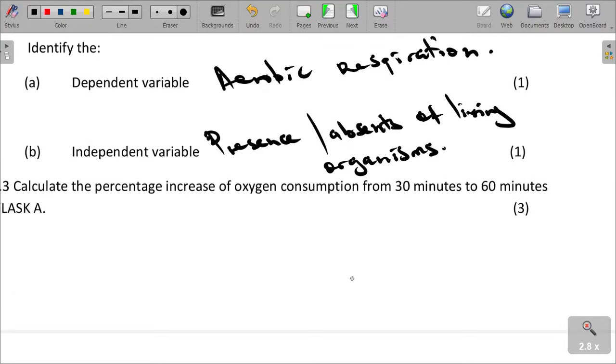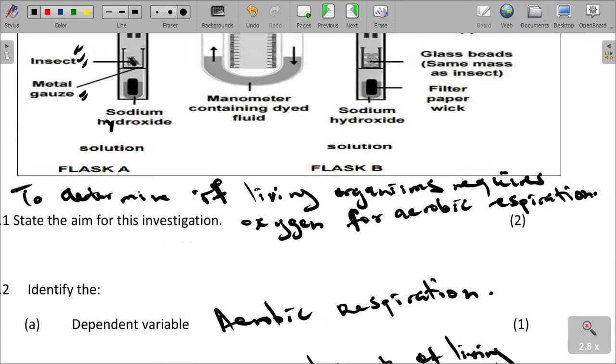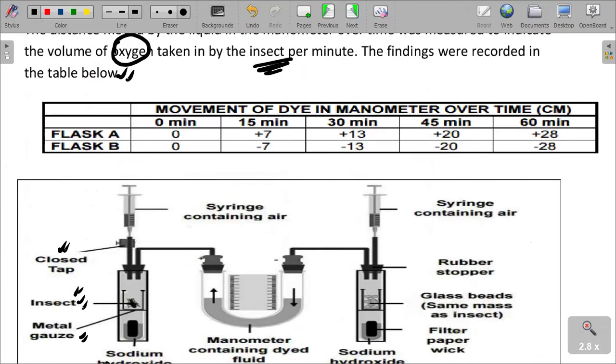So the next question is saying calculate the percentage increase of oxygen consumption from 30 minutes to 60 minutes from flask A. In flask A, at 30 minutes we have got 13, and then at 60 minutes we have got 28.